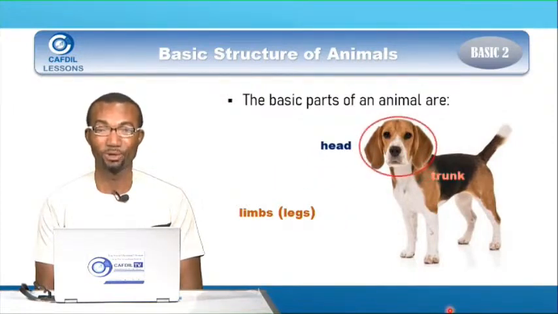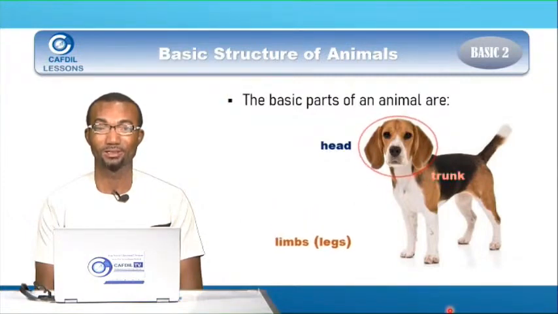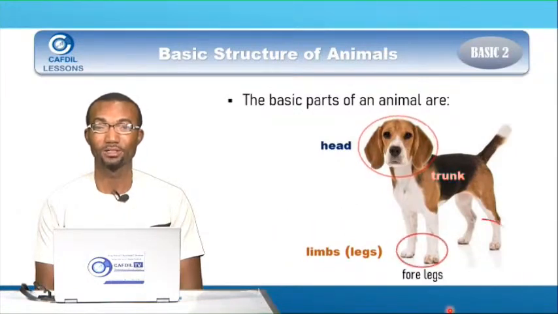That is the main body. And the last one are the limbs. So the limbs, we have two in front called forelegs, two at the back called hind legs. So these are the basic parts of this dog: head, trunk, and then limbs, also called legs.